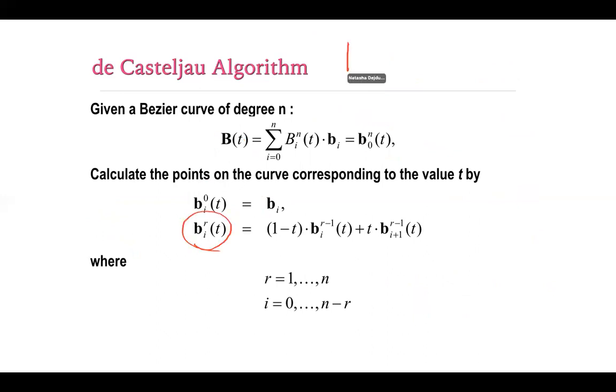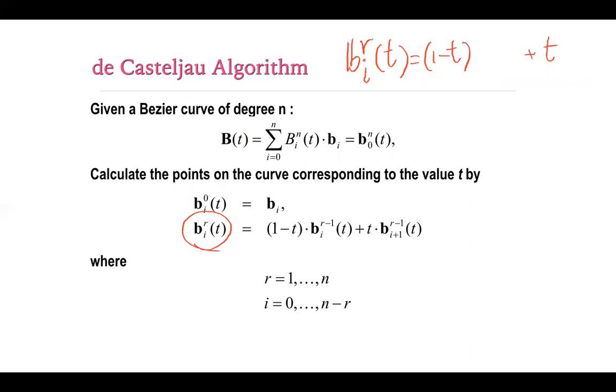Okay, and then let's see the recursive form. Recursive form can be written like this: B^r_i, any r. It can be written in terms of 1 minus t plus t. You could remember, right? 1 minus t plus t is equal to 1, right?